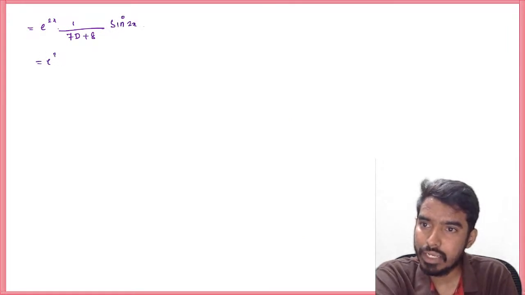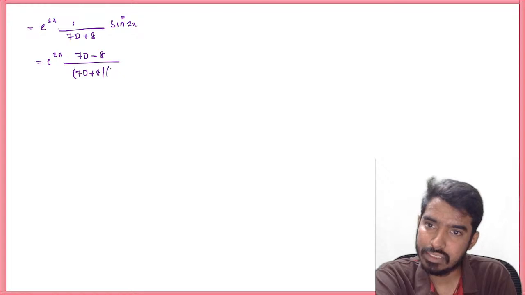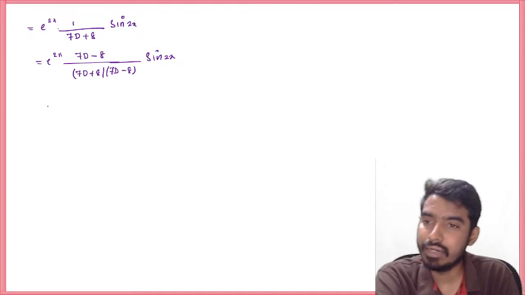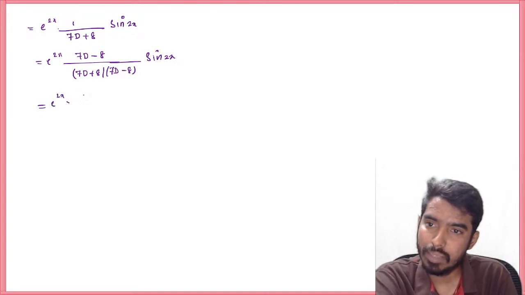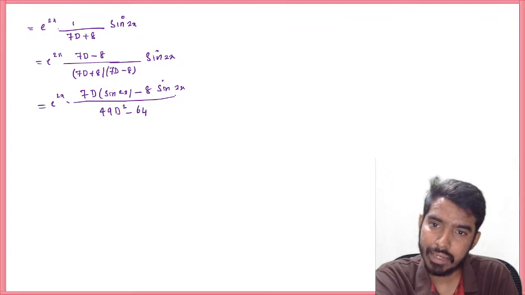So you take the conjugate now. 7D minus 8 divided by 7D plus 8, 7D minus 8, into sin 2x, right? I'm just multiplying and dividing by 7D minus 8. So e power 2x, 7 into D of sin 2x minus 8 times sin 2x, divided by 49 D square minus 64, right?